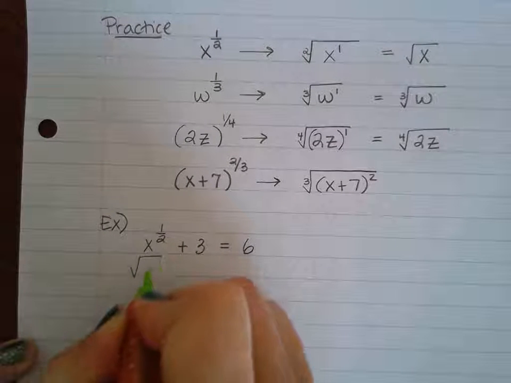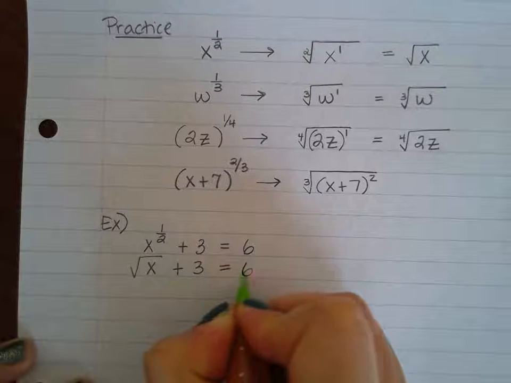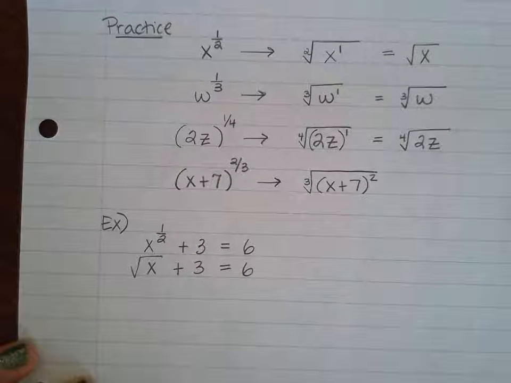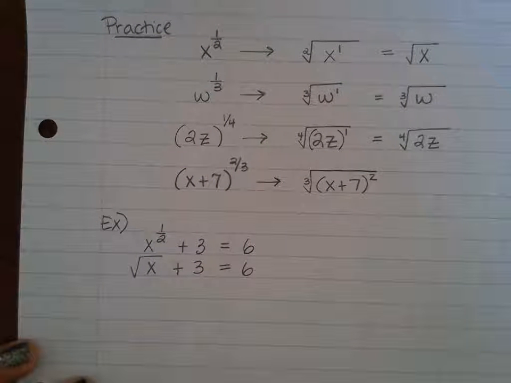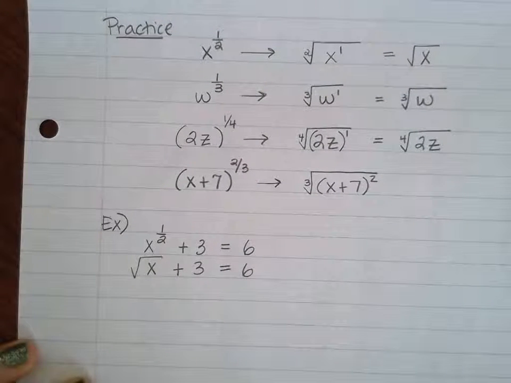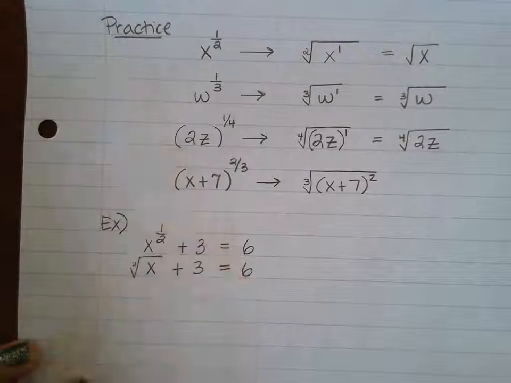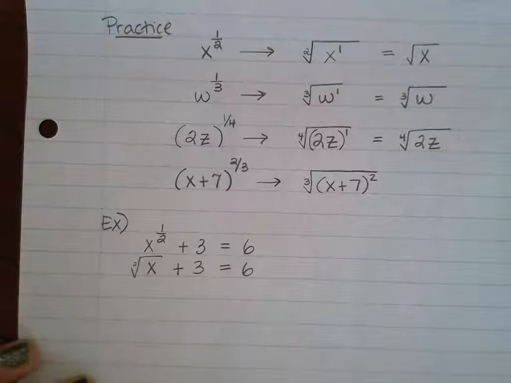That's going to be the square root of x plus 3 equals 6. So now we go back to those 4 steps that we just learned in the last video. You want to get the radical by itself, then raise both sides to the power of the index, which in this case is really a little 2, and then solve for x and check your answer.